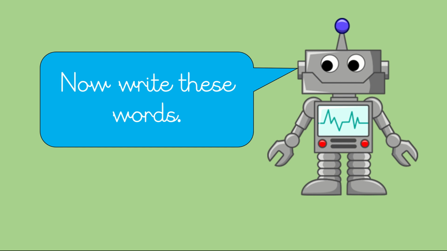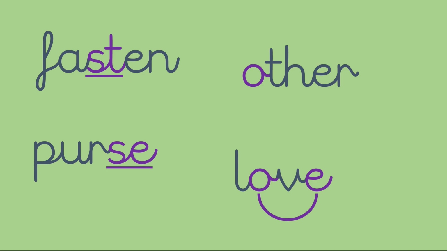Okay, pause the video if you need more time. The next word is purse. Brilliant, okay. Pause it if you need to. And the next one, the last one, is the word love. Pause the video if you need to, but we're going to move on now and have a look.